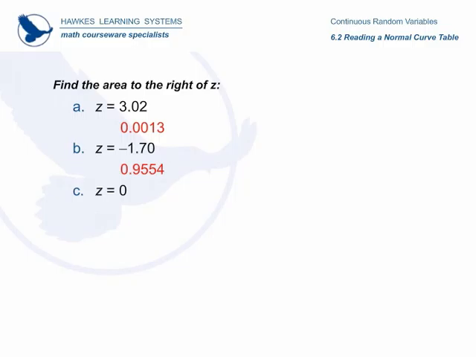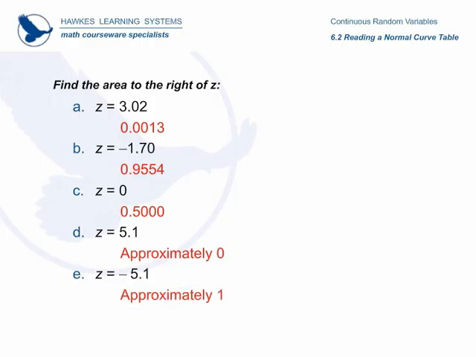For a Z value of 0, the area would be 0.5000. For a Z value of 5.1, the area to the right would be approximately 0. And for a Z value of negative 5.1, the area to the right would be approximately 1. Let's see if you can find those values using your table.